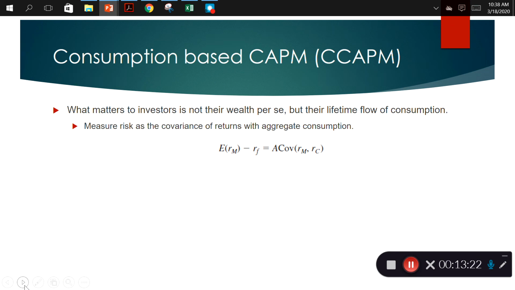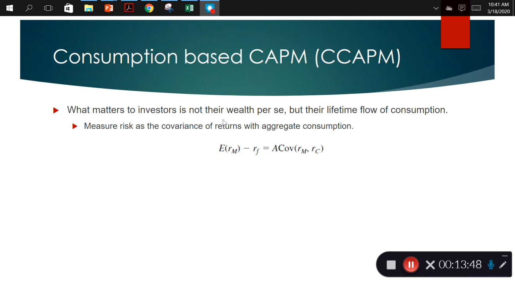With consumption-based CAPM, you're following the general logic of CAPM, but now you're saying that an investor isn't really concerned with just their wealth per se, but more with their lifetime consumption. So the model is derived from a lifetime consumption investment plan for a representative consumer or investor.